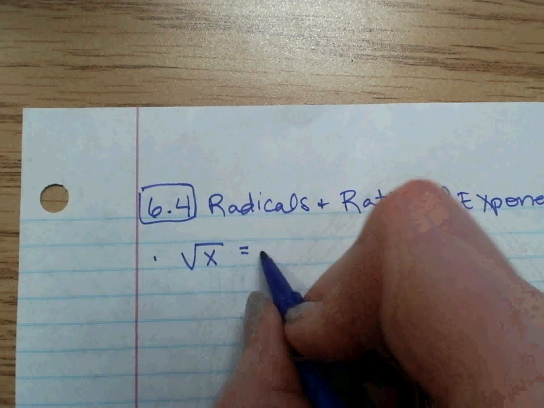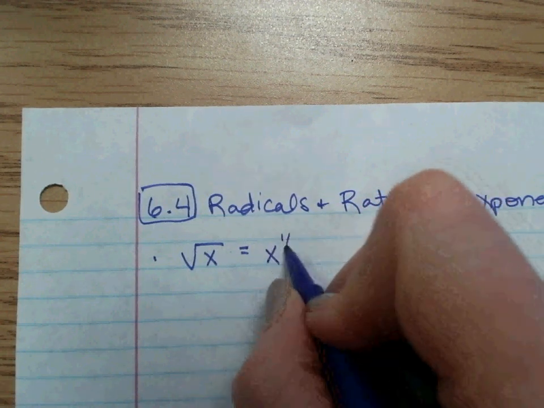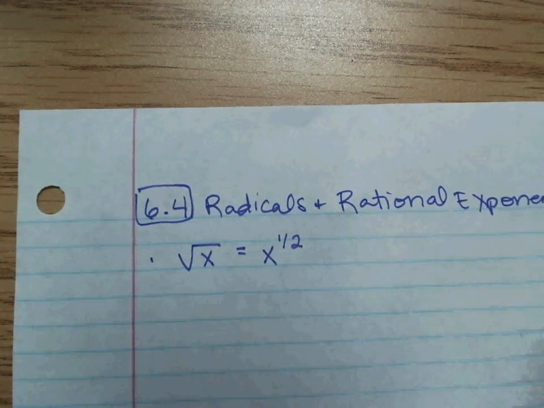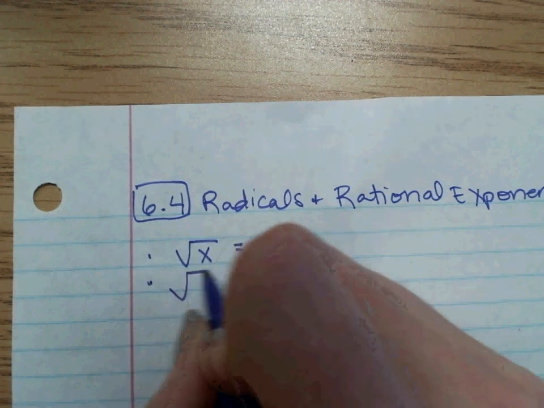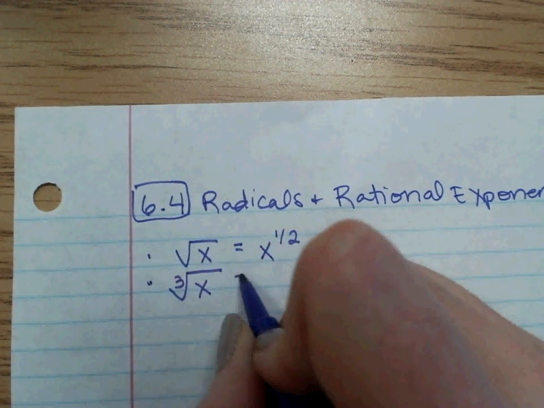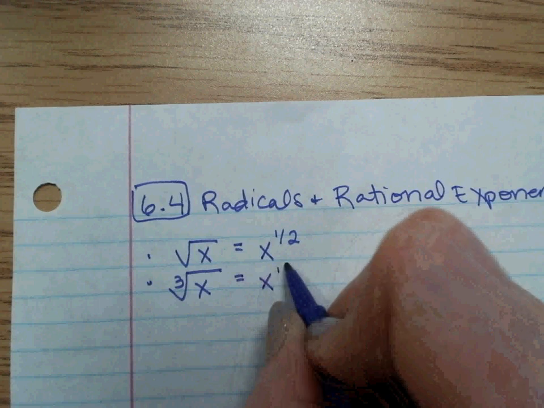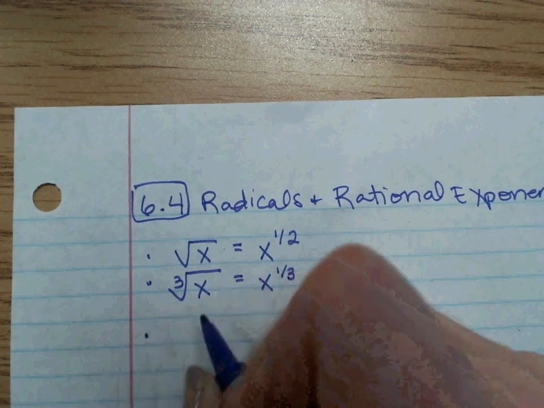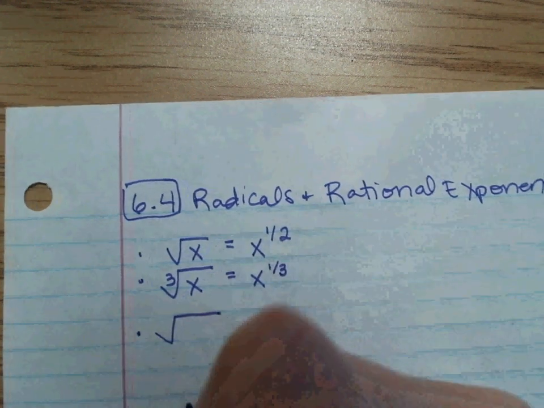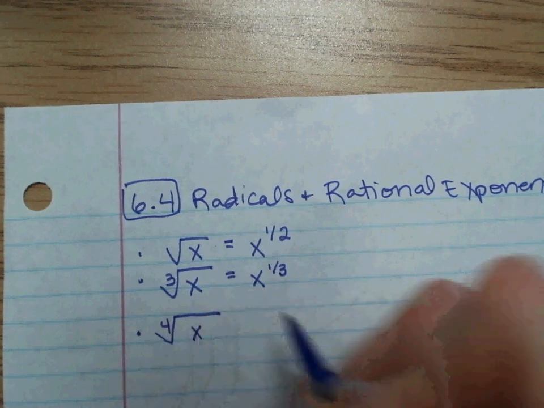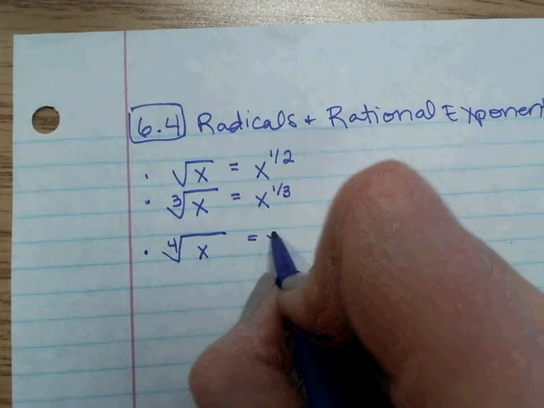So we could actually write that as x to the 1/2 power. Similarly, if we have the cube root of x, we could write that as x to the 1/3 power, and so on. The fourth root of x we could write as x to the 1/4 power.